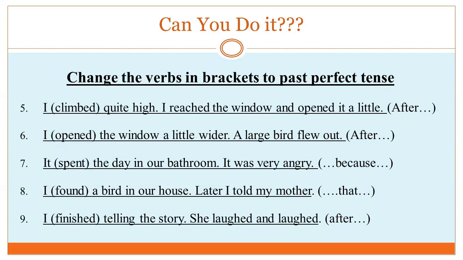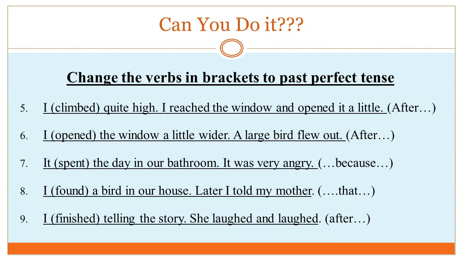Number 7. It spent the day in our bathroom. It was very angry. And the conjunction we are given is because. So, we will put the event that happened first at the end of the sentence.